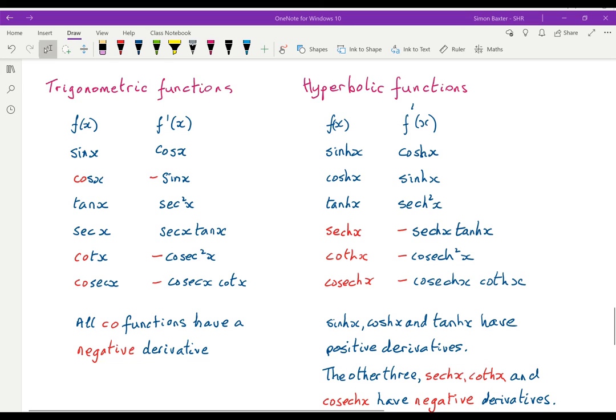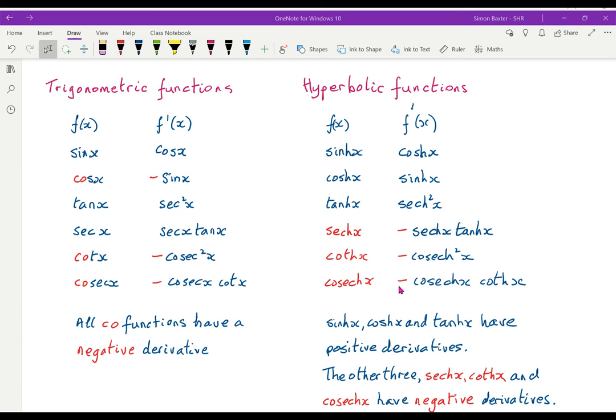And that emphasizes that all the co-functions give you a negative derivative. The negatives don't follow over to the hyperbolic functions. Everything else does. Sin to cos, sinh to cosh. Sec to sec tan, sech to sech tanh. Cot to cosec squared, coth to cosech squared.